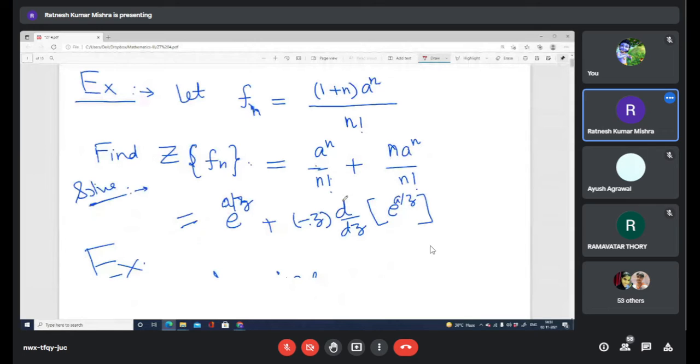Now the inverse Z transform of F(z) G(z). See the statement of the convolution theorem.